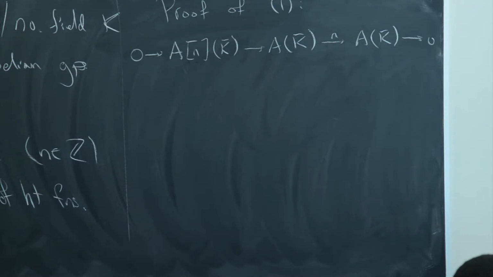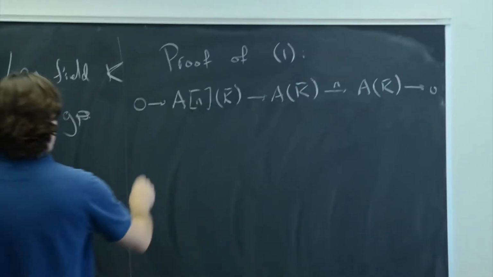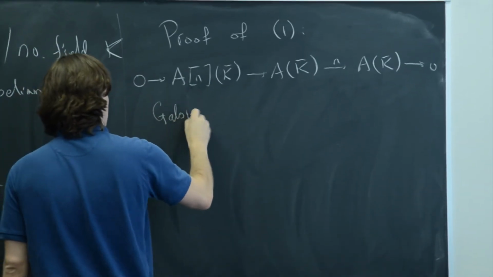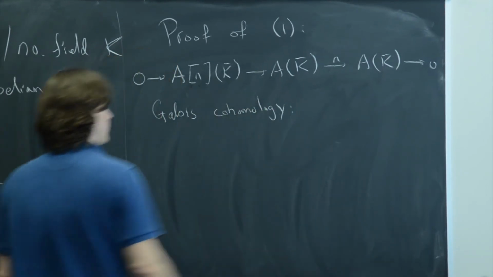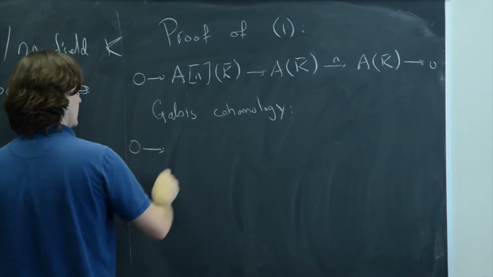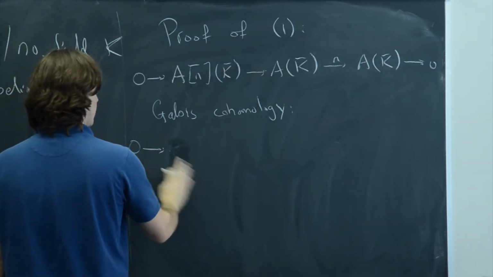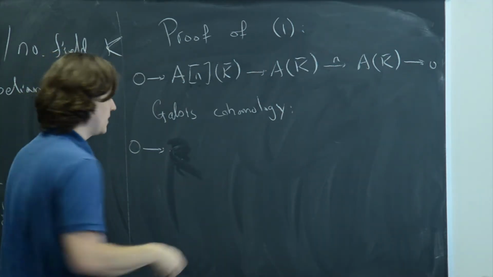Kummer theory is just a name for what happens when you take Galois cohomology of this sequence. So let's look at what happens. I'll go a little slow and write out the whole thing. We start with H⁰, and when I take H⁰, it's just taking k points instead of k bar points, the points fixed by Galois.